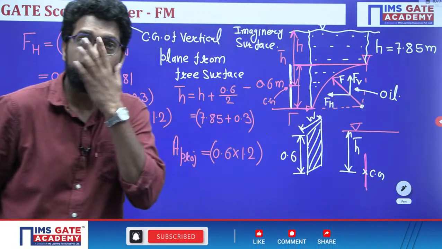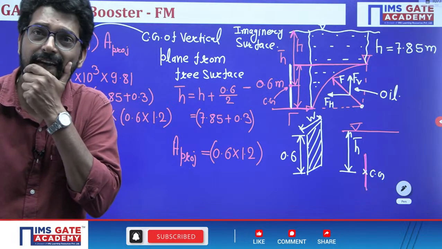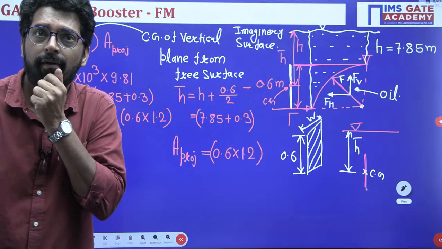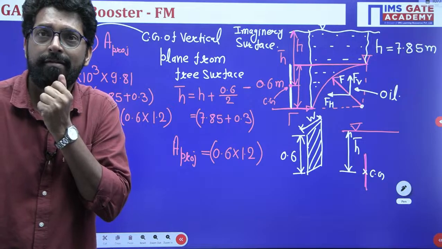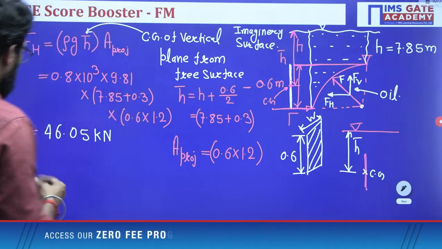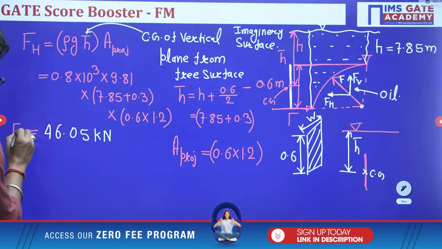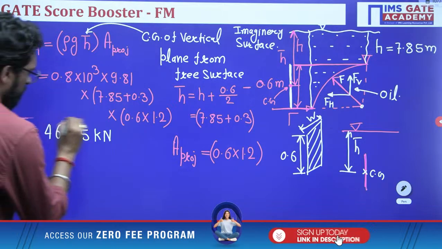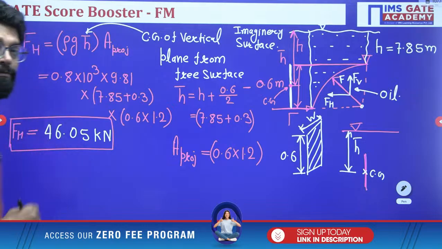What is the problem? I think it is clear now. If you have further confusion, you can message. I will explain to you. No problem. So this is a horizontal force.